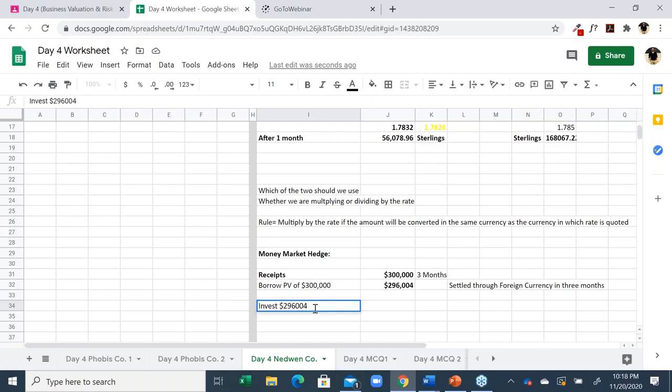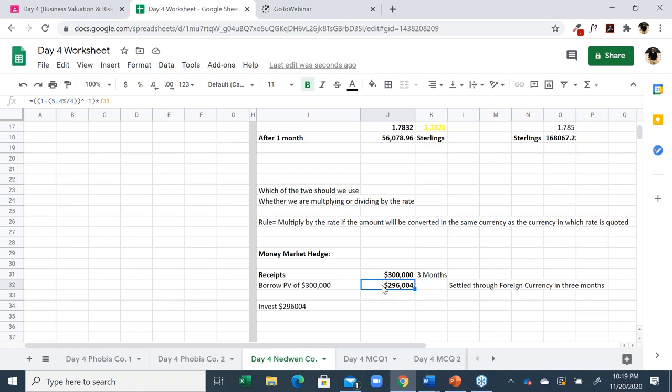But the problem is we cannot invest in dollars because we are going to have pound sterling at the end of the day. We don't want to have dollars after 3 months time. Again, we will be in problem of conversion, right?